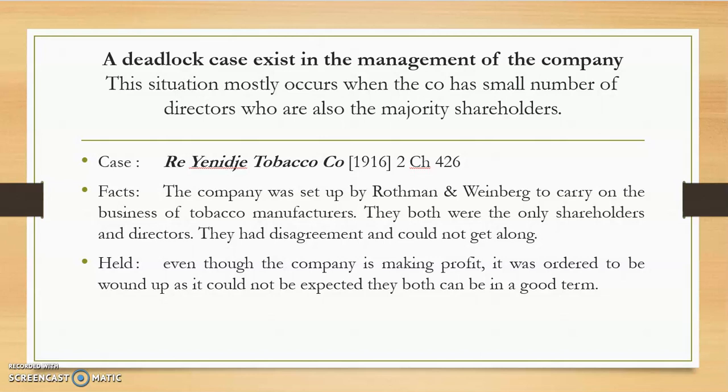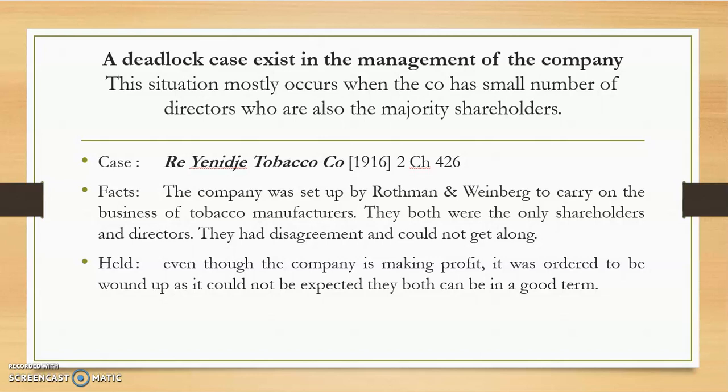They both were the only shareholders and directors. They had a disagreement and could not get along. The court held that even though the company was making a profit, it was ordered to be wound up, as it would not be expected that they could both be on good terms. So basically there was a deadlock.